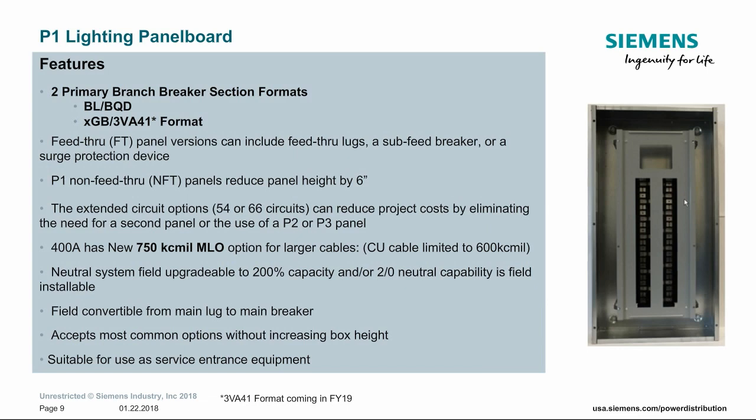In addition to this, we're able to convert in the field from a main lug panel board to a main breaker version with just a kit to switch that up. And we also are able to accept most common options that customers may specify without increasing box height. And another final great feature is that we're suitable for use as service entrance equipment.